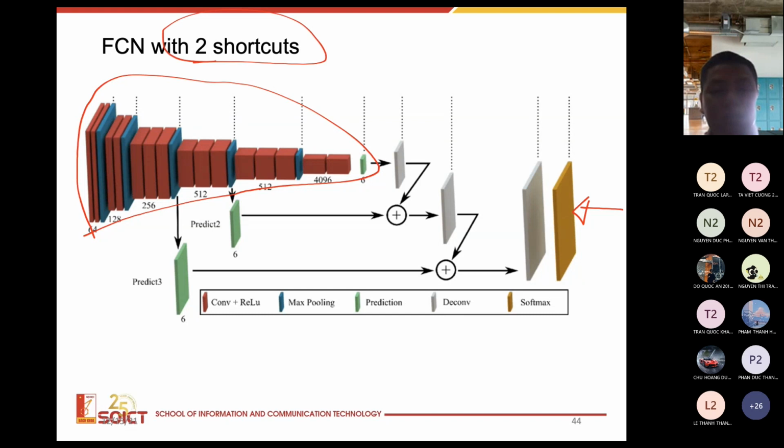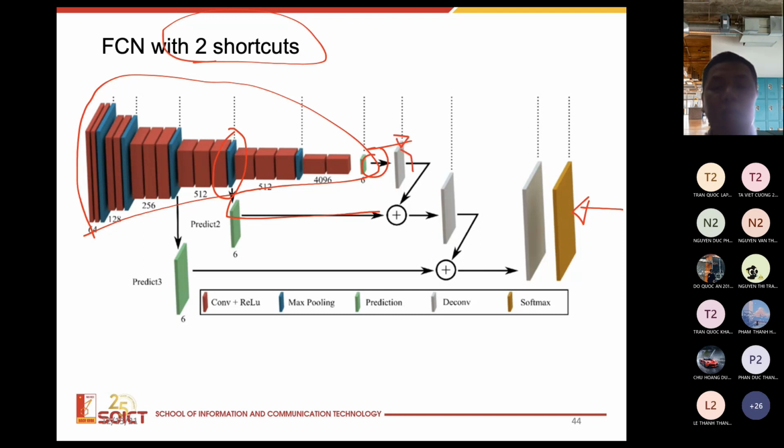The shortcut is a thing you use in the residual neural network, right? So actually you don't use only the information in the last convolution layer, but you also use the activation map of the intermediate convolution layer. For example, here you take the activation map of that position, and you combine it with the upsampling of the last convolution activation map, right?